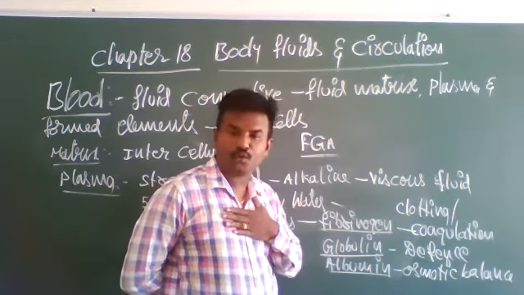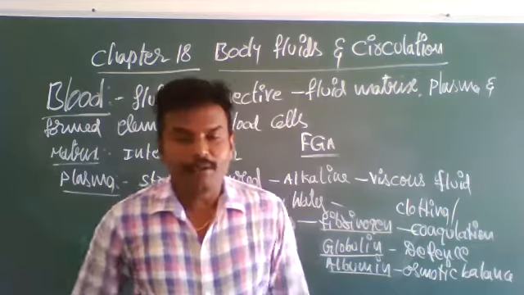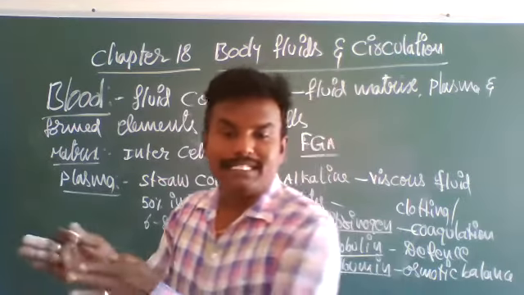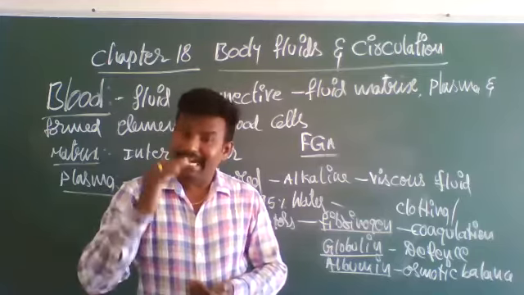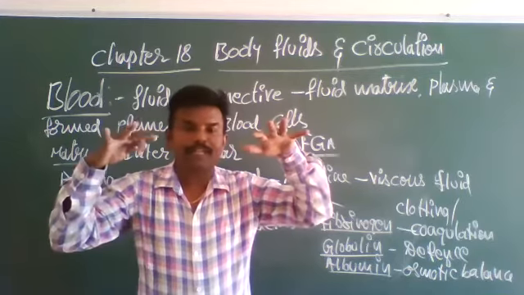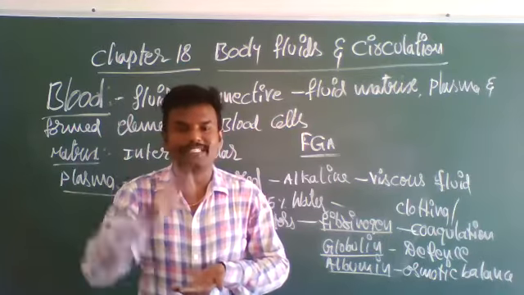If we have sufficient quantity of albumin in our body, movement of fluids takes place effectively, the circulation process takes place effectively, and some of the valuable fluids are maintained constant in our body.